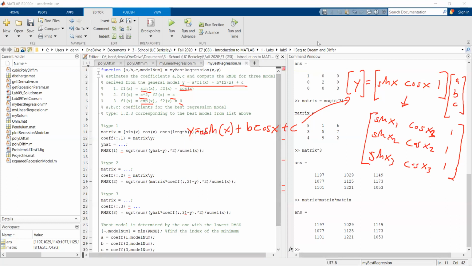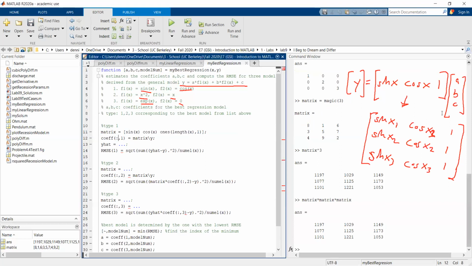I'll clear that in 3, 2. Let's just clear this part. Okay. That's our matrix. And if we want the coefficients, that is our a, b, and c, we'll simply do a backslash operation, matrix backslash 1.